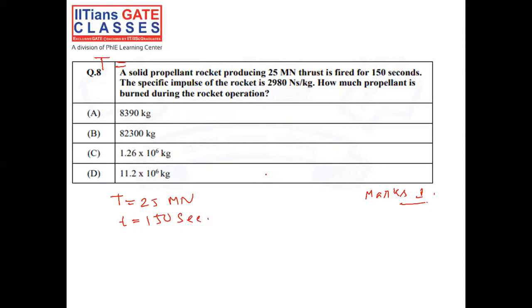The specific impulse is given as 2980 newton second per kg, and how much propellant is burned during the rocket operation?